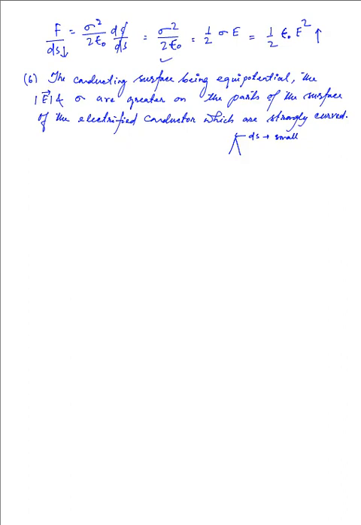And that is why the electric field associated with that point is going to be much greater, and so will be the case with the surface charge density associated with that point.